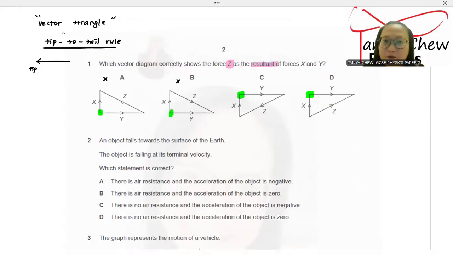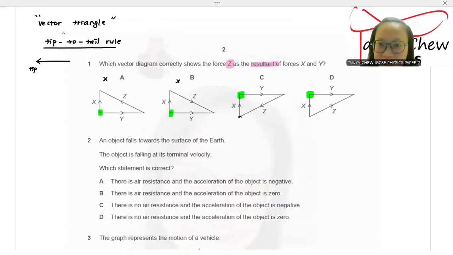For the resultant force, you have to start from the tail of X. Once you have finished drawing your X and Y, to draw the resultant, you have to recall which vector you first drew. The tail of X must be meeting the tip of Y.